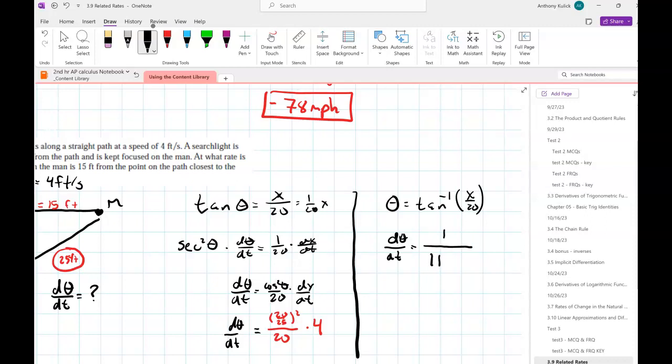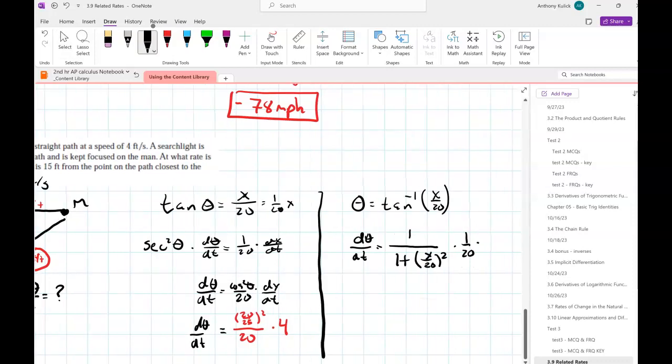I've traded in an easy derivative for a more complicated one, but I have everything I need. I don't have to go and do any trigonometry. That's the way I would have done it. Again, doesn't matter. Either way is fine. What do you guys think?